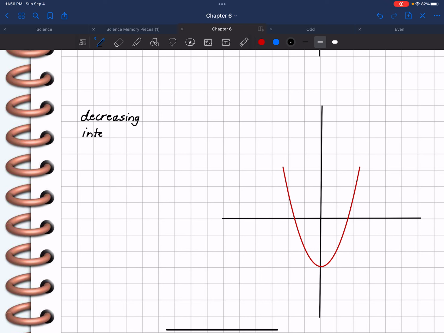The decreasing interval is defined as the values of x for which the graph falls from left to right.